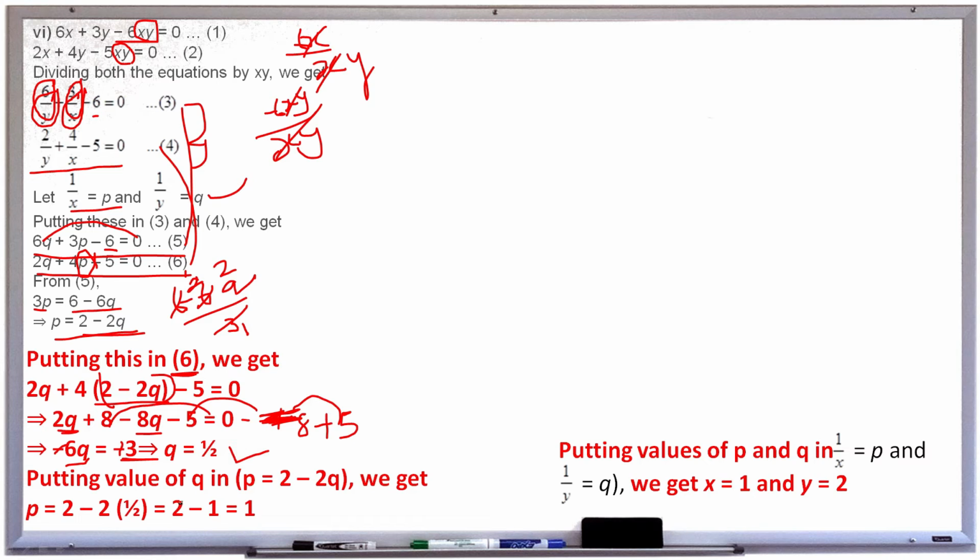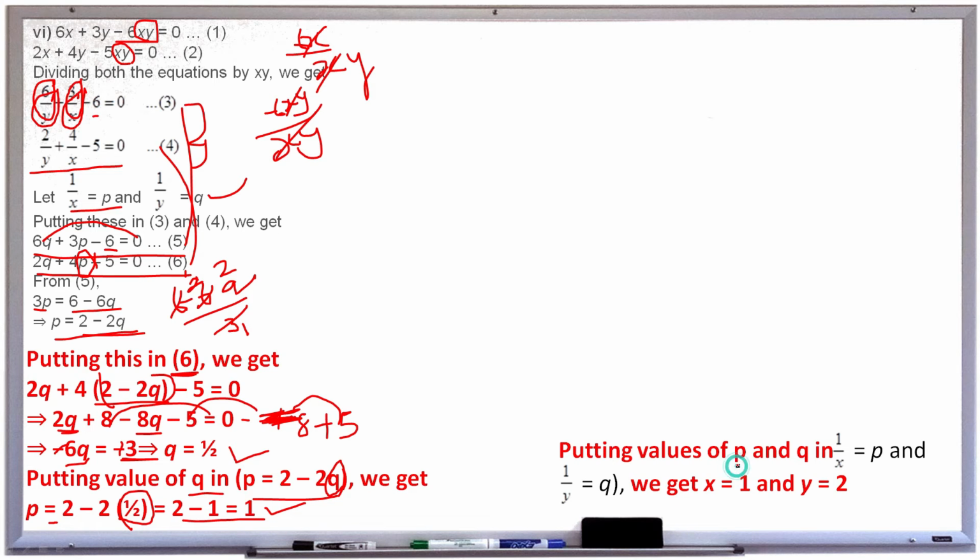Q value we got, put q value in p is equal to 2 minus 2q. We get p is equal to, put the value, q is equal to 1 by 2. So here instead of q put 1 by 2, by simplifying you will get p is equal to 1.